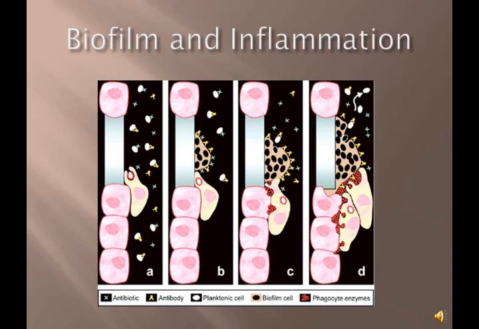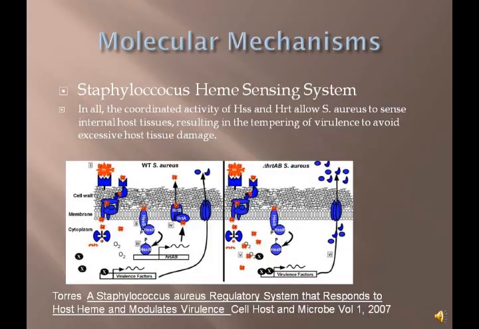It will create more space by doing collateral damage, but in the end, it maintains a small area in a tissue that it can reproduce for prolonged periods of time, not feeding itself through killing tissue and degrading tissue, but rather feeding itself through inflammation and allowing the plasma to percolate up through it. So here are the molecular underpinnings that say that, in fact, Costerton and Stewart were correct.